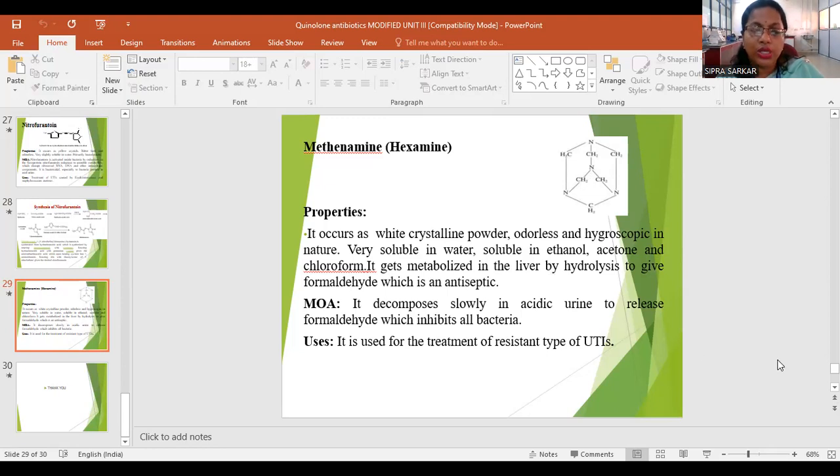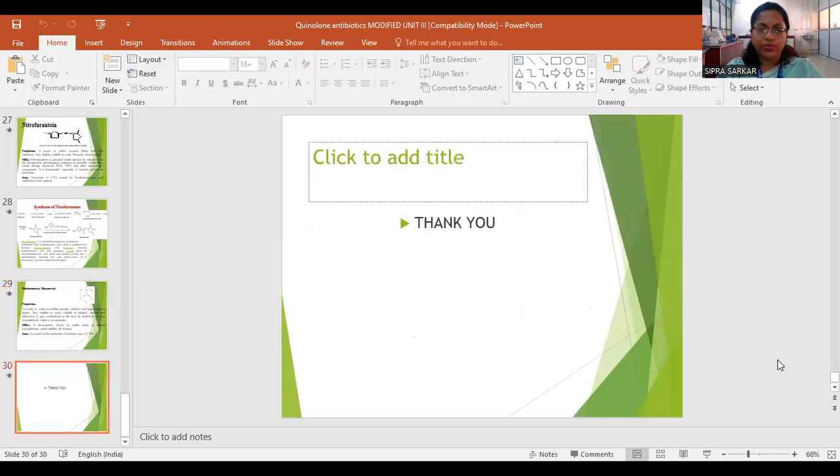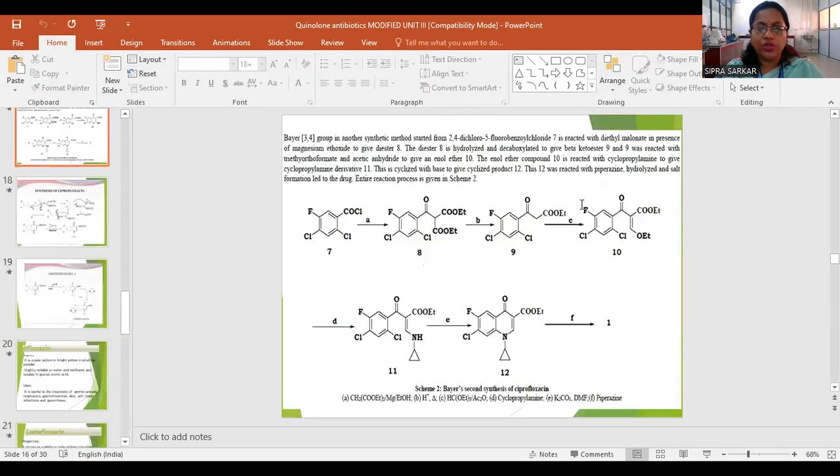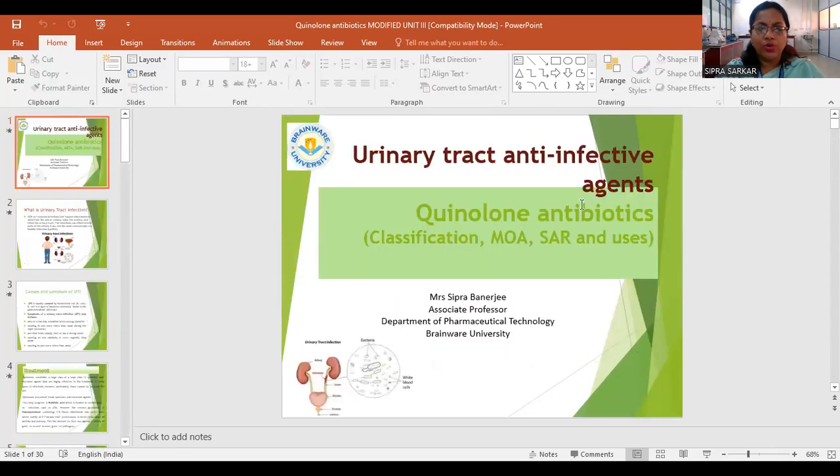It decomposes slowly in acidic urine to formaldehyde, which is cell toxic. It is used for the treatment of resistant types of infection. If respiratory tract infection or UTI is occurring again and again, this drug can be used. So, thank you everyone. Thank you for this slide sharing and thank you for the attention. Study more. Thank you.